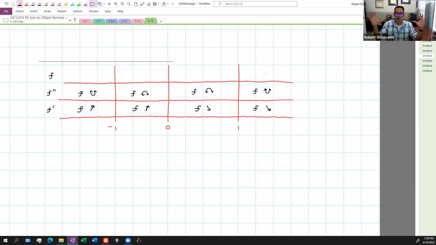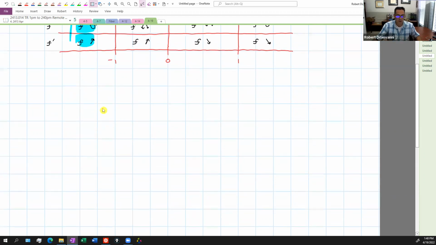Now the final part. We've got to figure out what f is doing, the original function. To figure that out, I'm going to combine both of these pieces of information together to determine what's happening up here. So if I tell you that you have to be going up, but you also have to look like a smile, right? That's what concave up means.